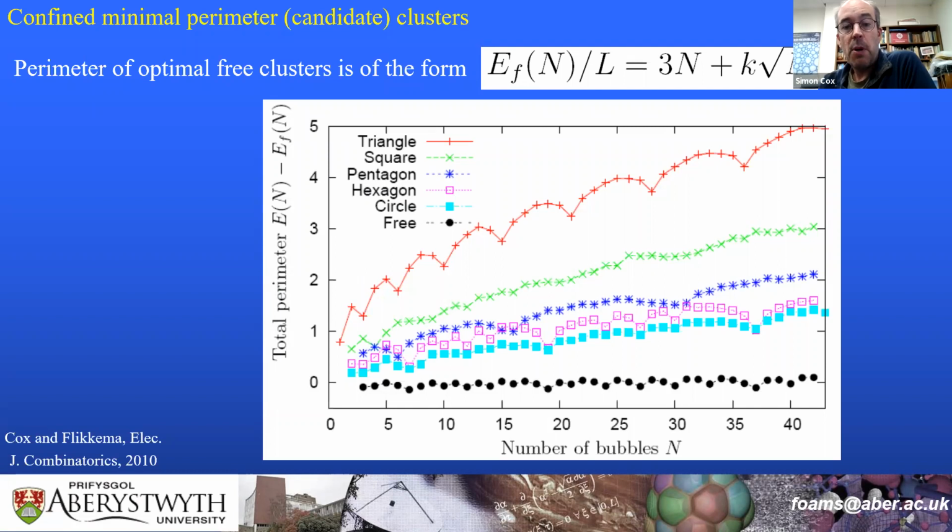Starting at the bottom, you see a small variation about that fit for the free clusters, and of course the dips are at the magic hexagonal numbers.